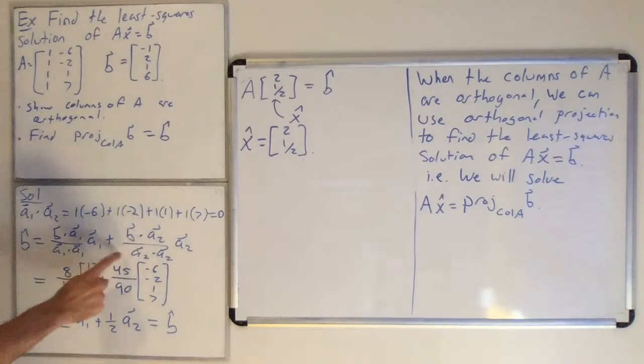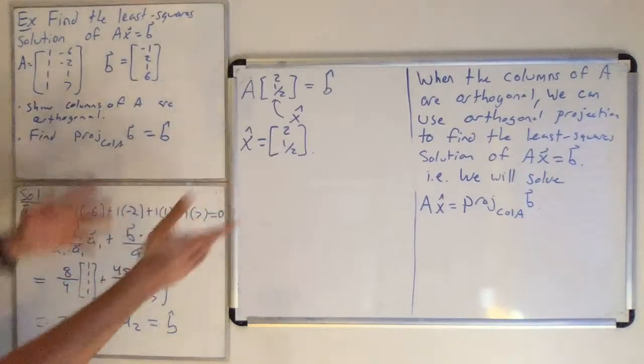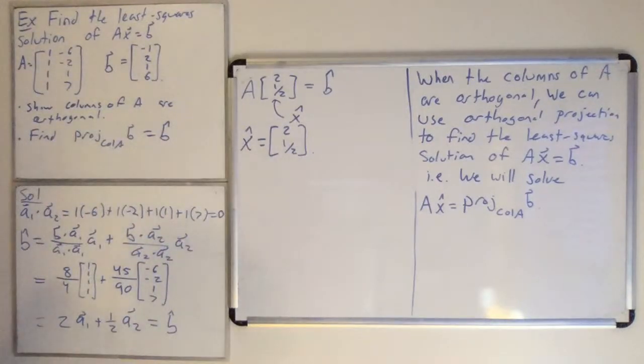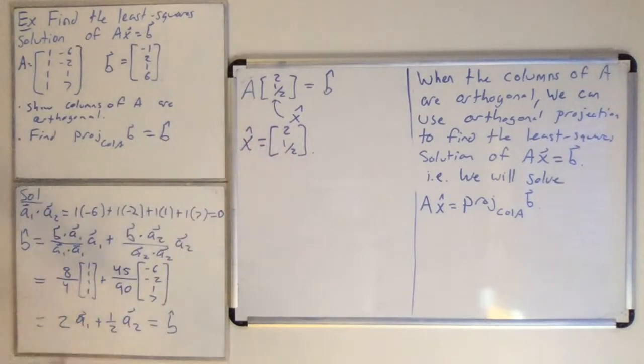B dot A2 over A2 dot A2 gives us the second entry. And you can imagine if there's more columns, you could continue this and get the next entries. You could have gone through and figured out what B is and then solved AX equals B using row reduction, and you would get this answer. But why do that when we already have it written out?